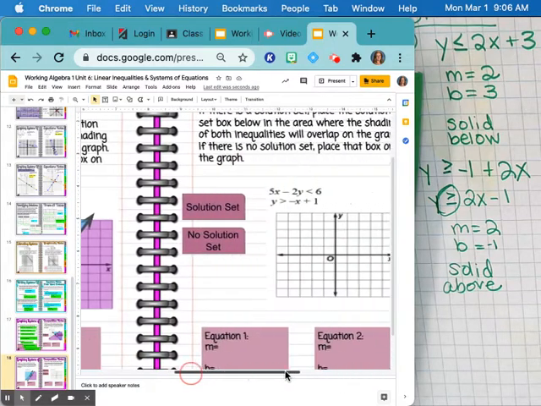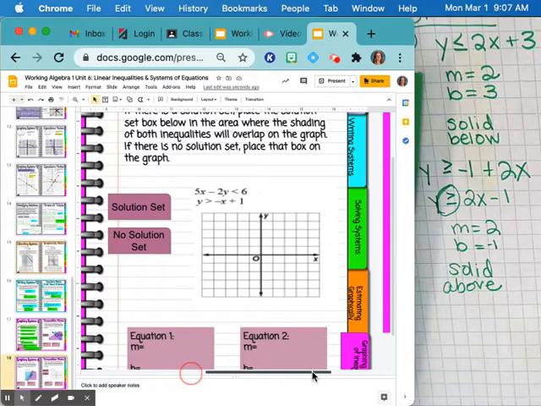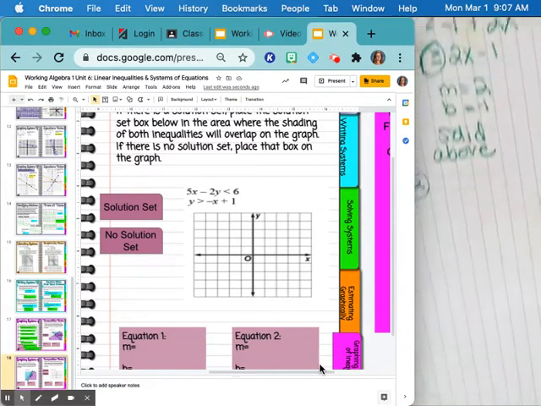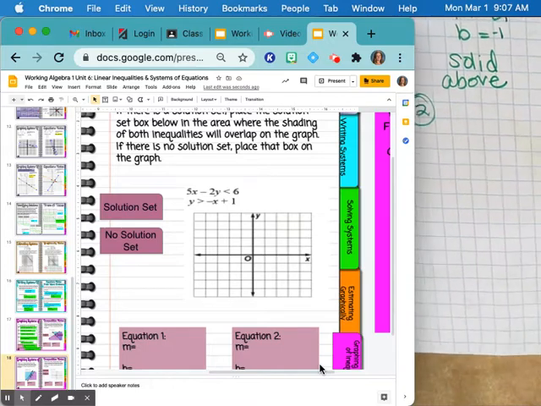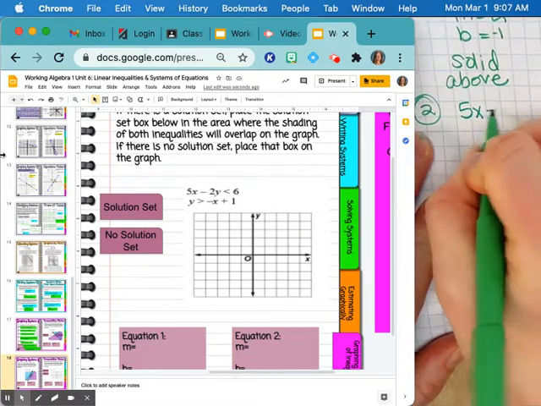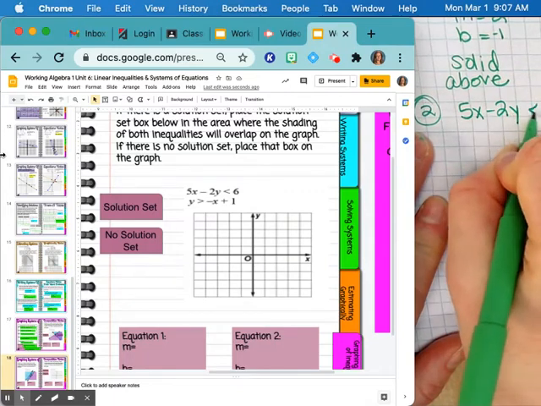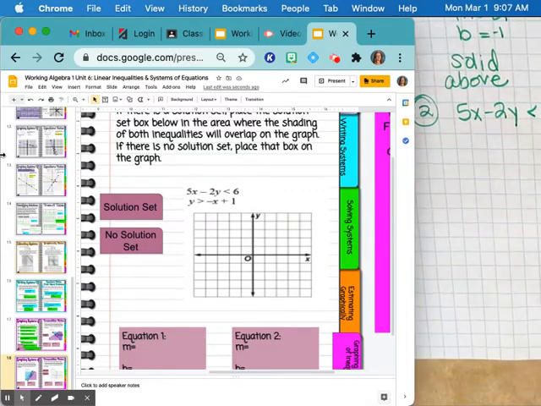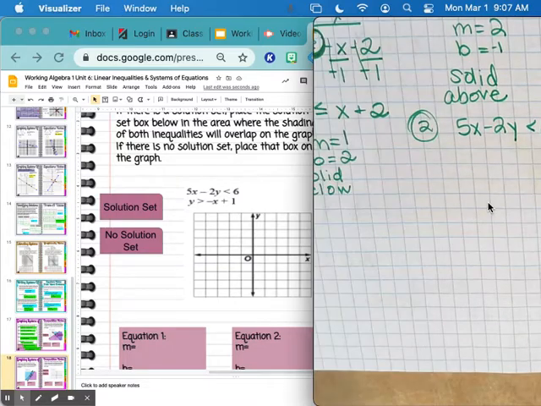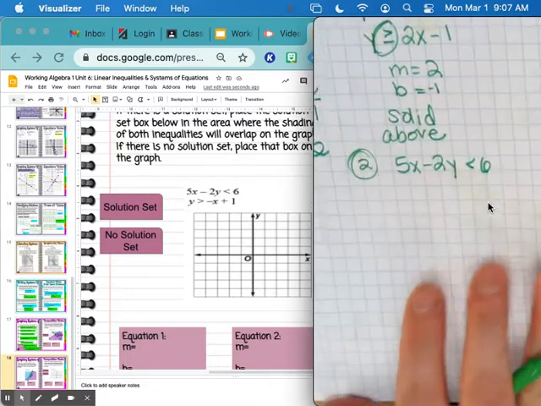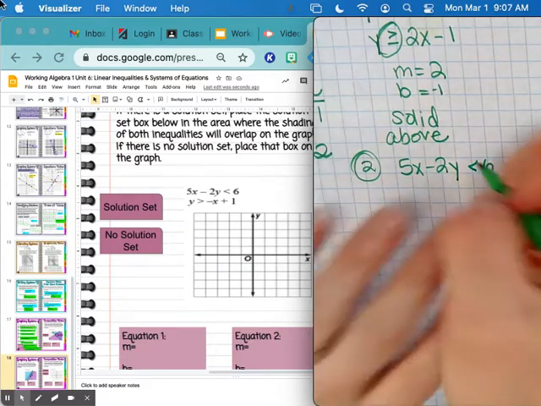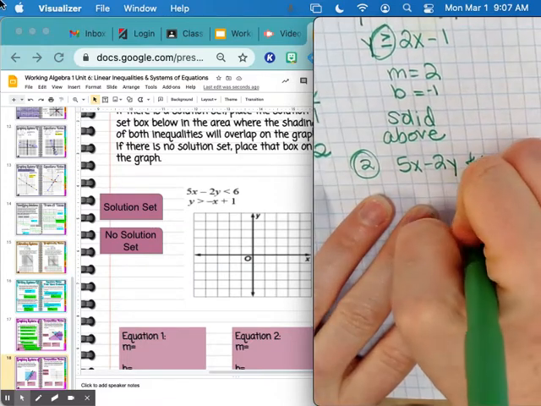All right, our last example. Let's go ahead and write these down. So this would be number 2. Example number 2. So we have 5x minus 2y is less than 6. So we need to solve this for y.